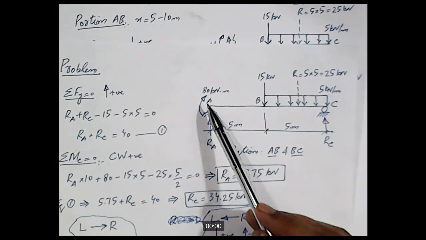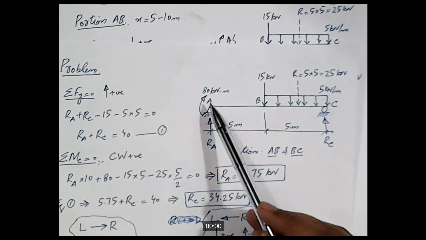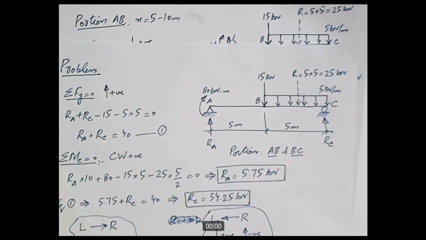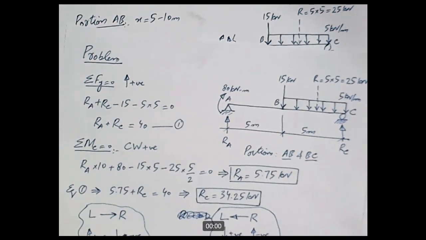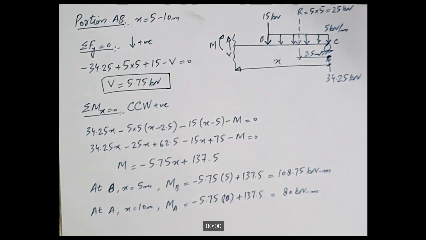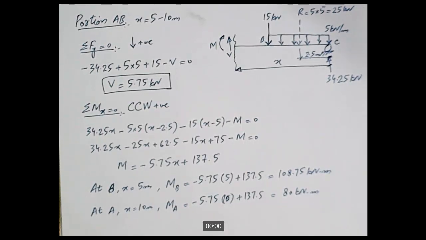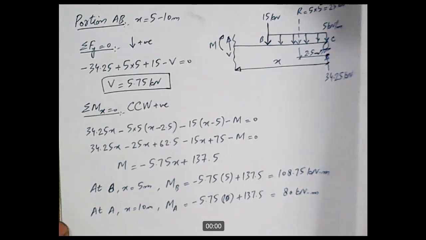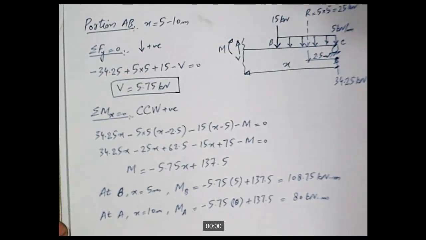So we expect that this value of 80 should appear at the external hinge support in the bending moment diagram, and we are getting the same value here as MA. That totally makes sense. So this completes our calculation for shear force and bending moment diagrams. Now let's draw these diagrams, and then we will compare them with our previously drawn diagram.